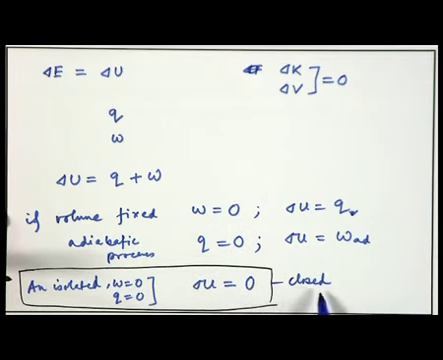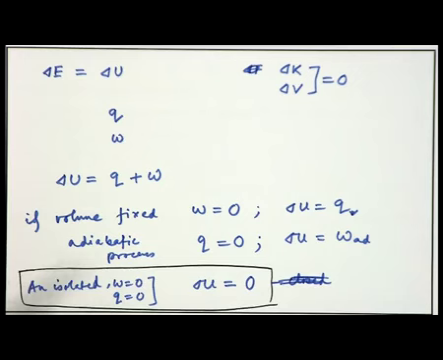So, for a closed system, or isolated system, obviously closed system does not matter, it is indeed a closed system. So, no exchange of matter is possible. So, for an isolated system, del U is 0.